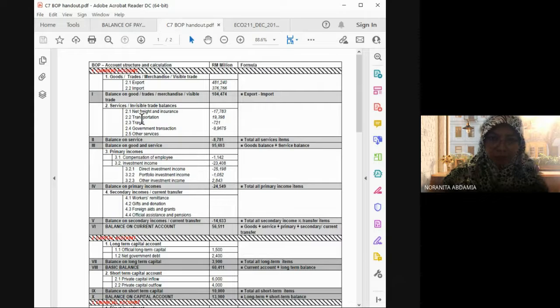The way I position all these sub-accounts and items is the real way. These are the real positions. So if the question asks you to build up the balance of payment record in your answer, you must put it this way.